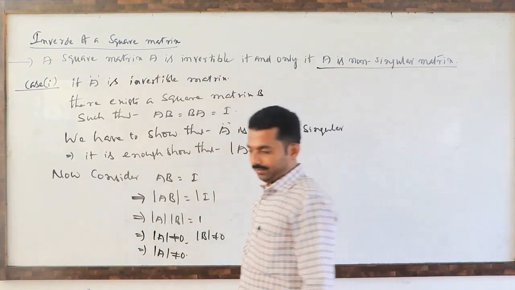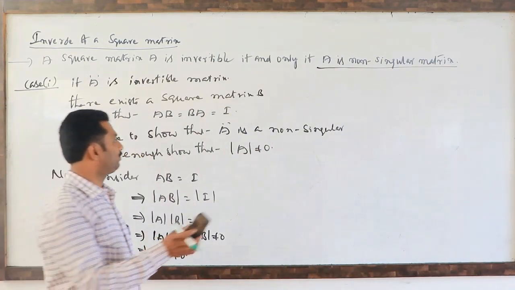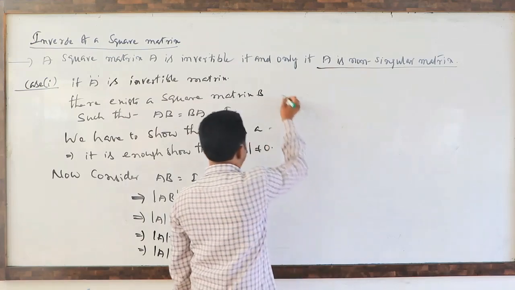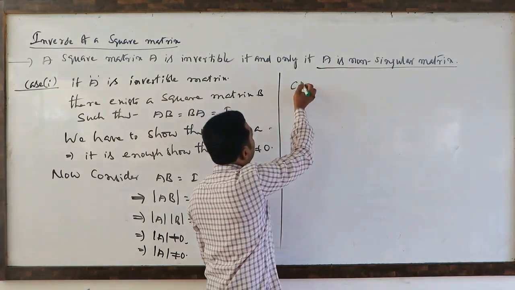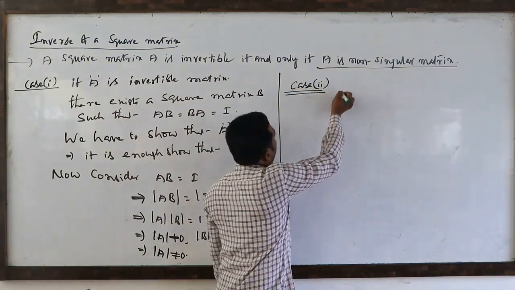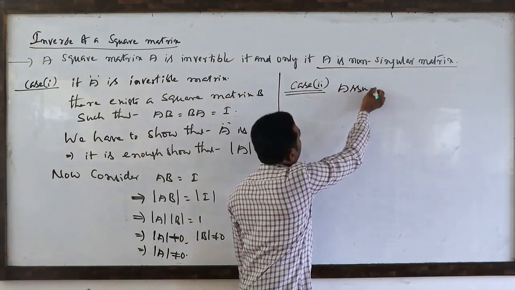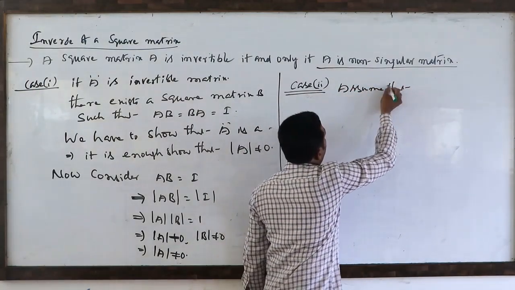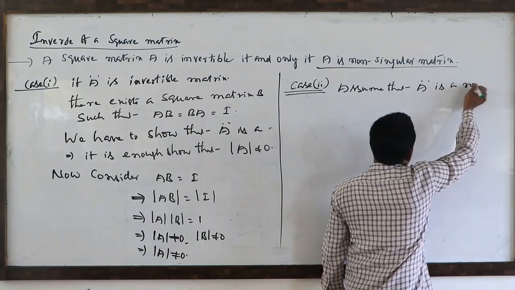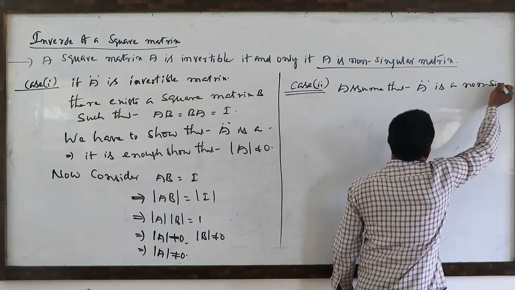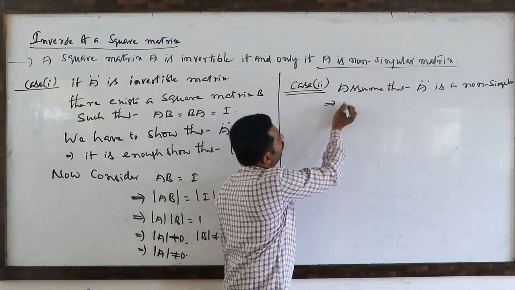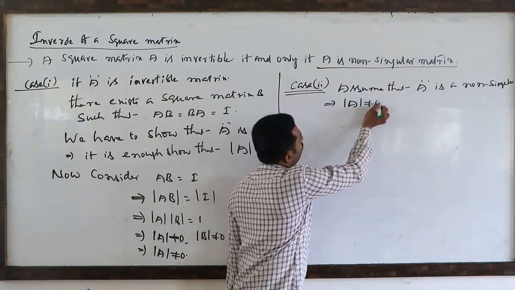So this is case 1. Then case 2 we'll see. What is case 2? Assume that capital A is non-singular, nothing but determinant of A is not equal to 0.